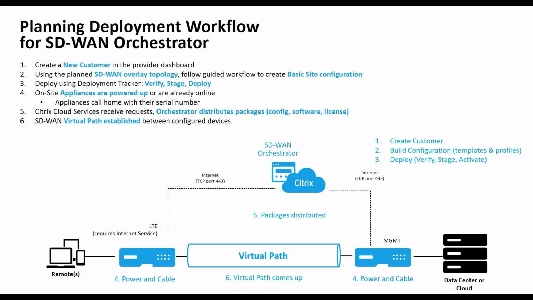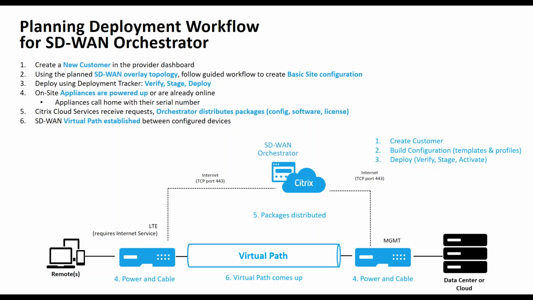We want to make sure that our devices do have network connectivity and that our Orchestrator does have appropriate serial information. And at that point, after we've gone through the deployment tracker, it will push down the software package, licensing information, and configuration.